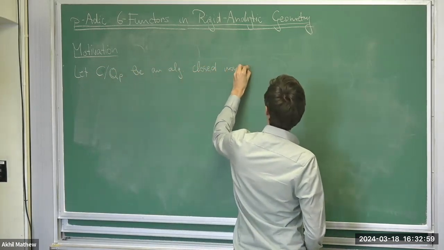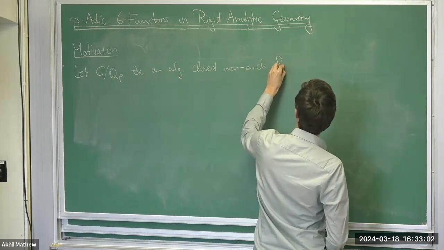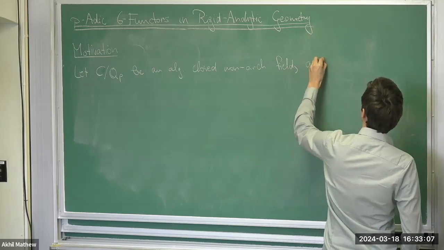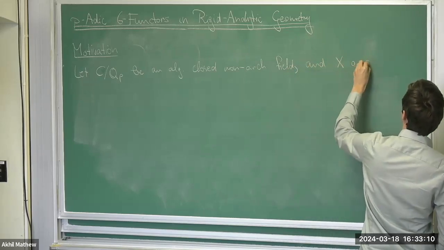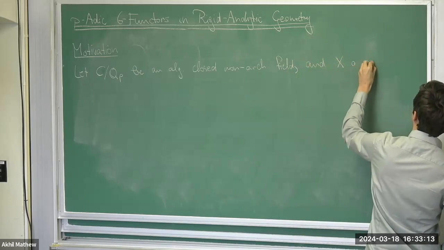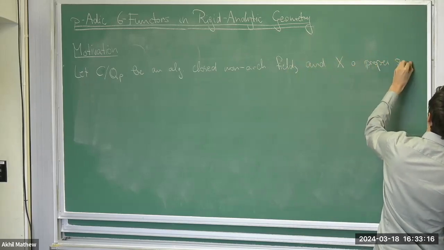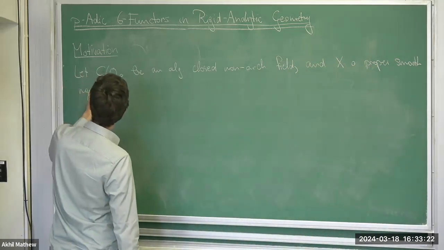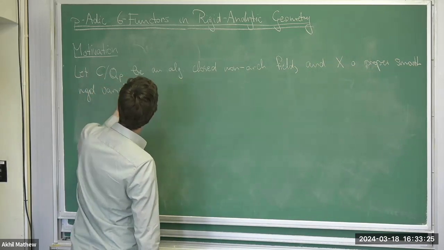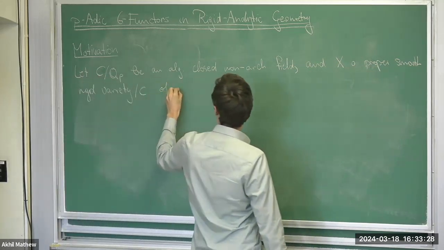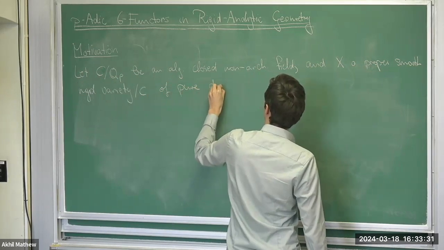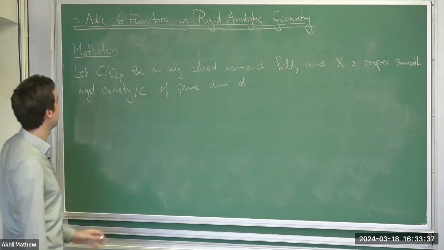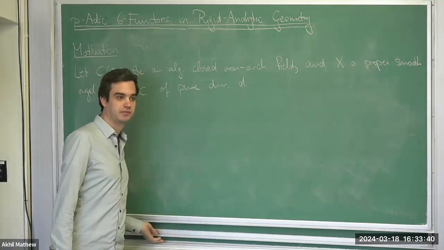Let C be a non-archimedean field over Q_p, and X a smooth proper rigid variety over C, let's say of pure dimension d. So X is a p-adic analog of a complex manifold.